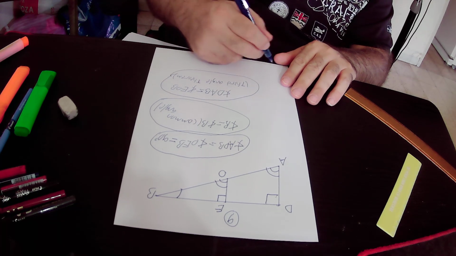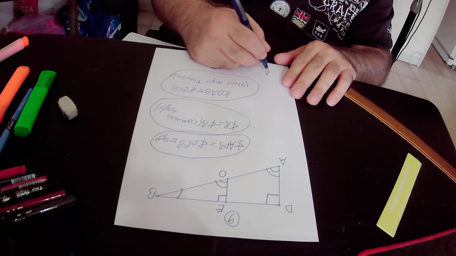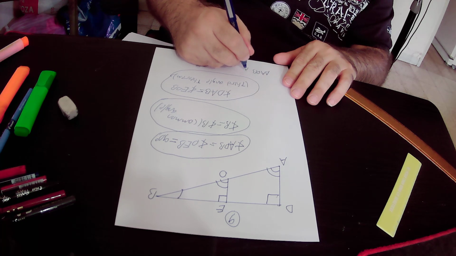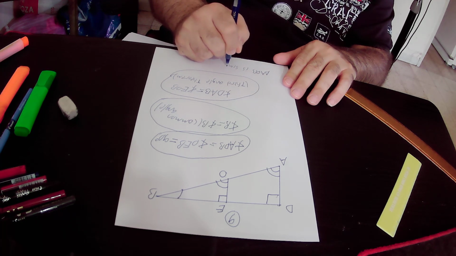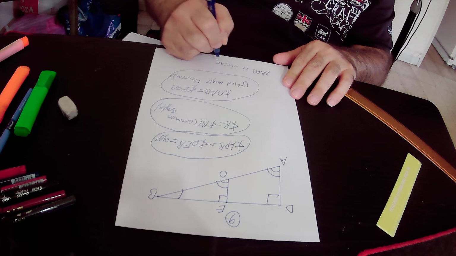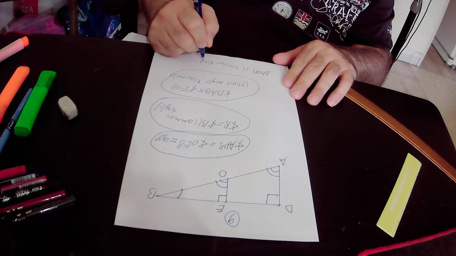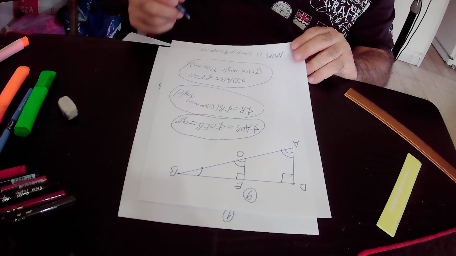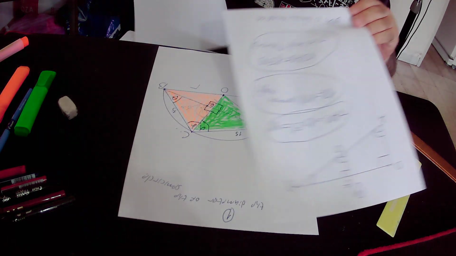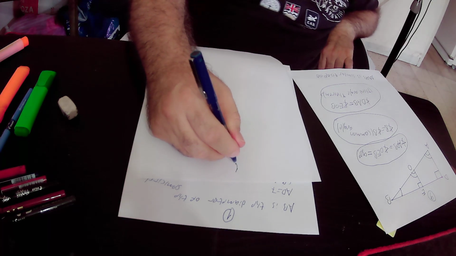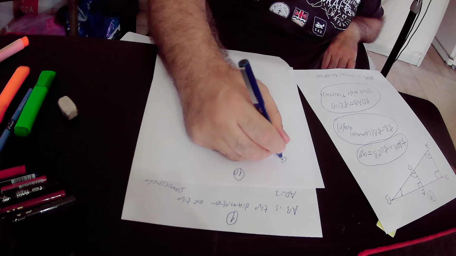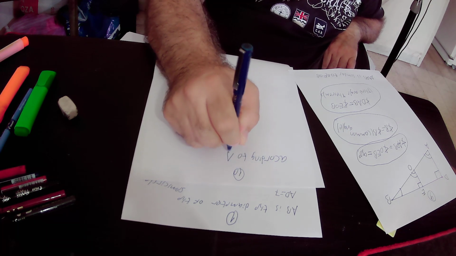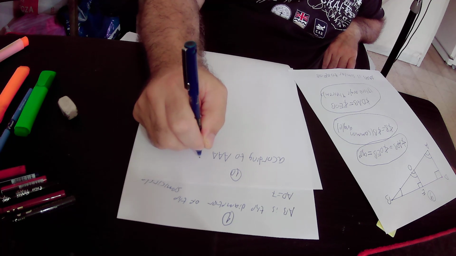So triangle ADB, the big triangle, is similar to the small triangle EOB, according to angle similarity.